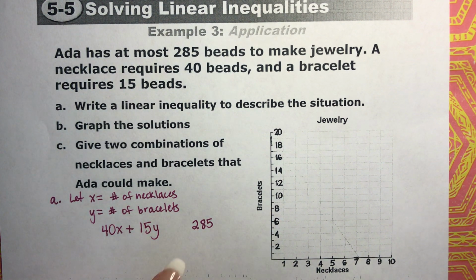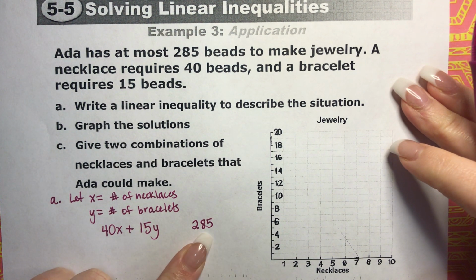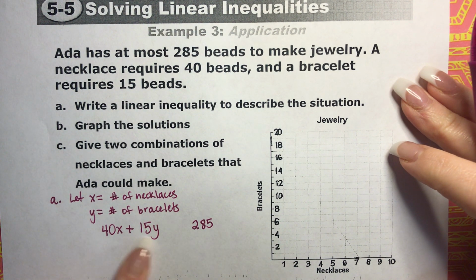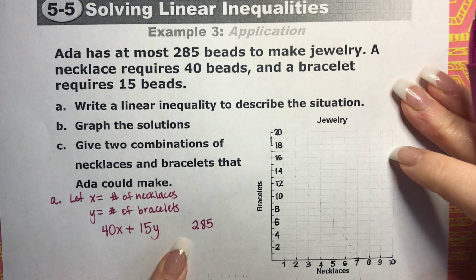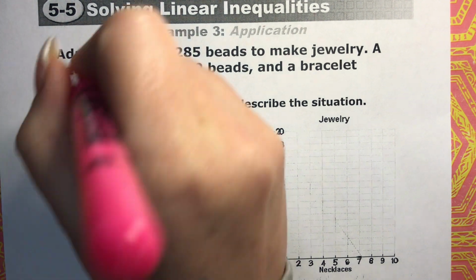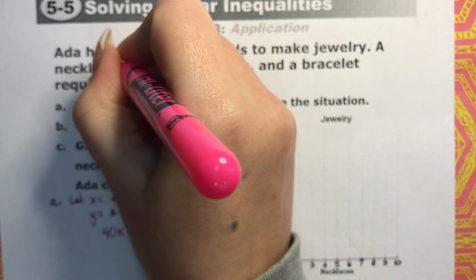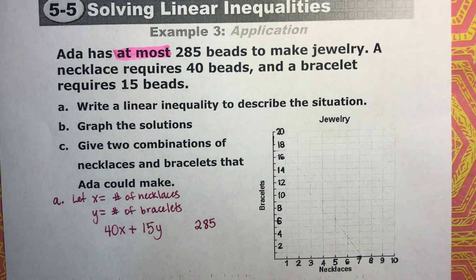Okay, so we have a total amount of 285 beads, and that is going to be made up of how many beads I use per necklace and how many beads I use per bracelet. Now we have to figure out what symbol we are going to use. One of the key words right here is at most. What that means is at the most we have 285.